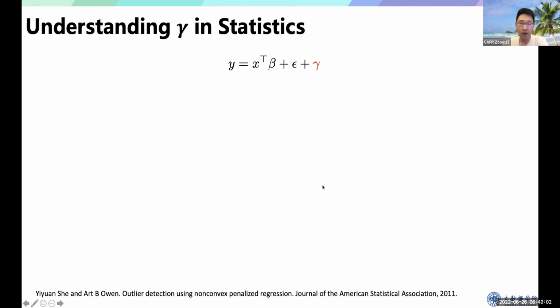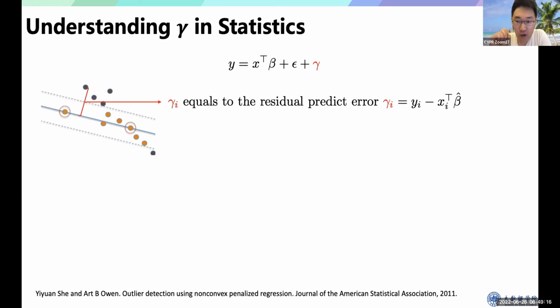So before going into the details, I would like to give some understanding of gamma in statistics. Basically, the gamma is the residue, the prediction error, which is a naive method to identify noisy data in the dataset. We can write the gamma as this equation.